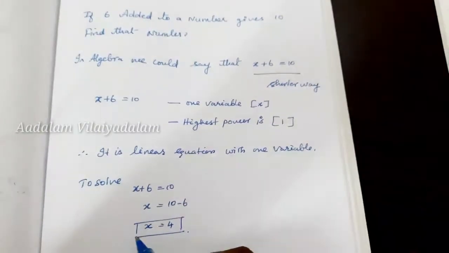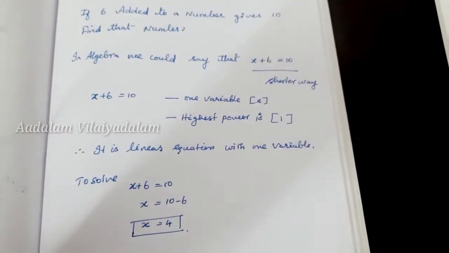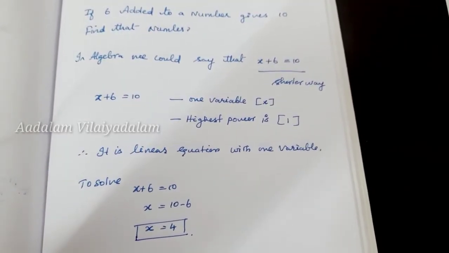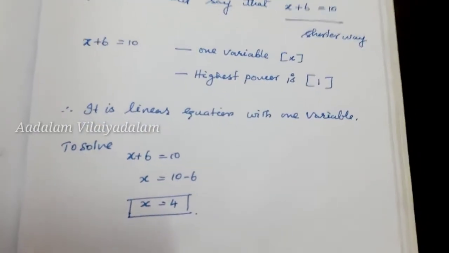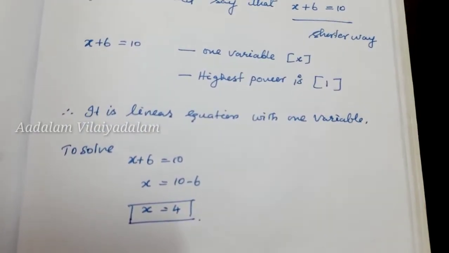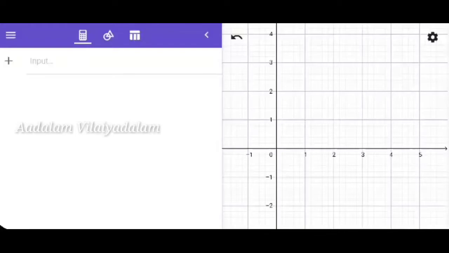This value can be plotted in the graph so that we can see it in a clear way. In this graph, the horizontal line represents the x-axis and the vertical line represents the y-axis.